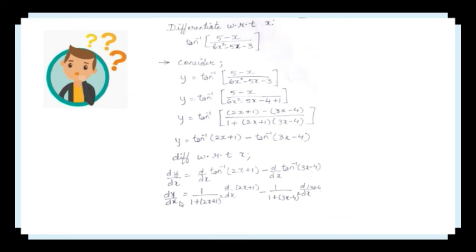So we will be writing 1 upon 1 plus 2x plus 1 whole square, derivative of 2x plus 1, minus 1 upon 1 plus 3x minus 4 whole square, and again the derivative of 3x minus 4. Derivative of 2x will be 2, and derivative of 3x will be 3, so I can write dy by dx equal to 2 upon 1 plus 2x plus 1 whole square minus 3 upon 1 plus 3x minus 4 whole square. So this will be the answer.